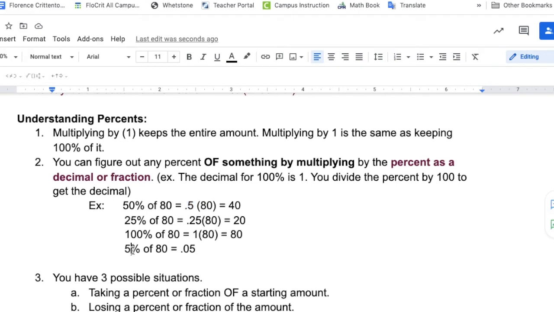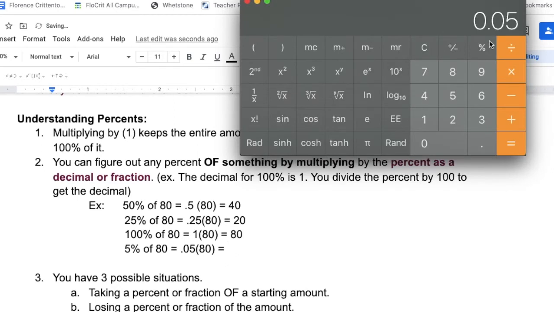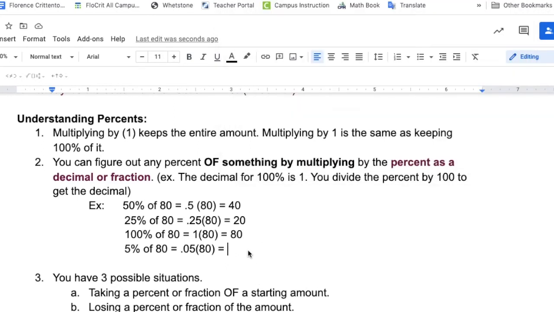So 5%, when you divide it by 100, is 0.05. So 5% of 80 is going to be 4, because 5% is a very low amount.